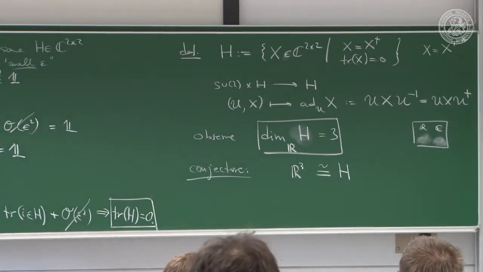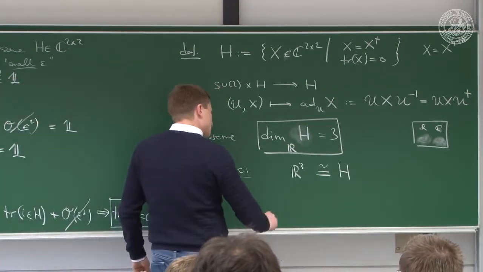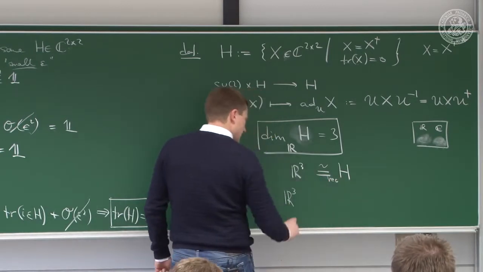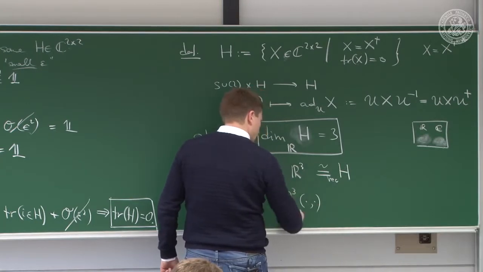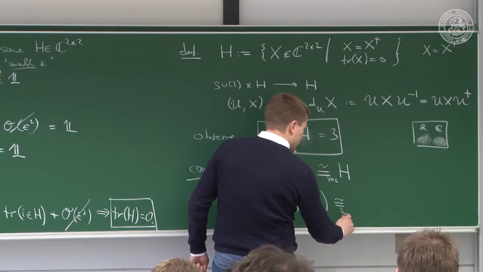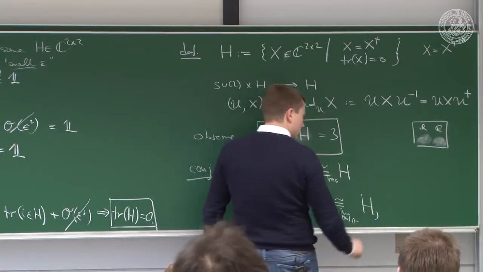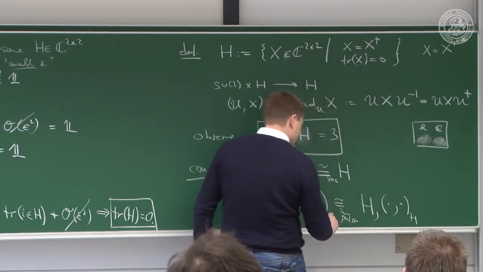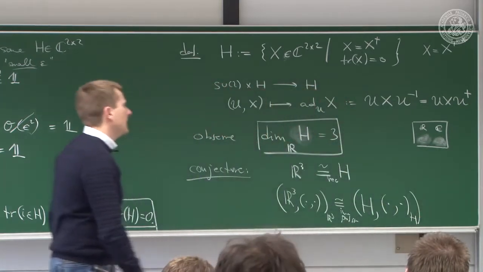Okay, so this is not much of a conjecture. It is actually clear that this is the case. What's more interesting is, so this is as vector spaces. If I take R3 with the standard inner product, I can also show that as an inner product space, it's the same as H with a particular inner product we're going to define on H. So from now on, we should distinguish between the inner product on R3 and the inner product there.